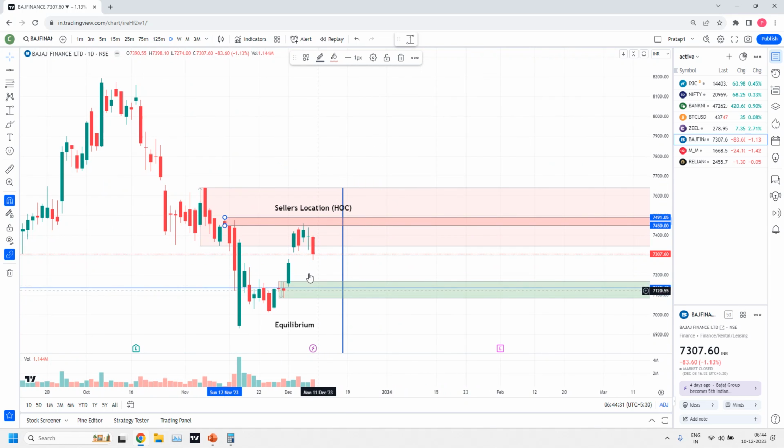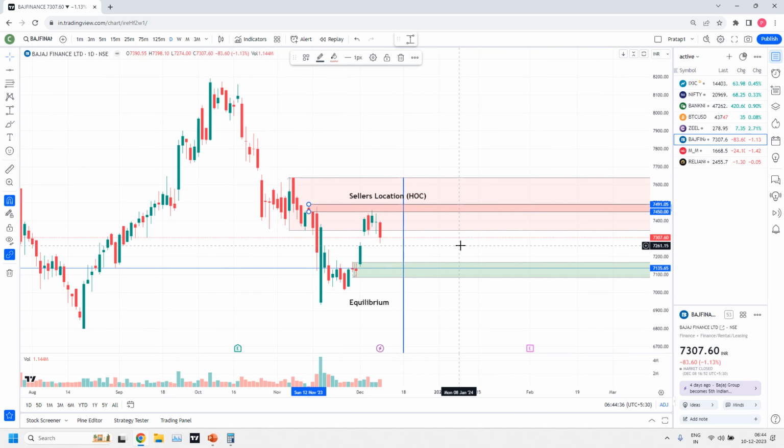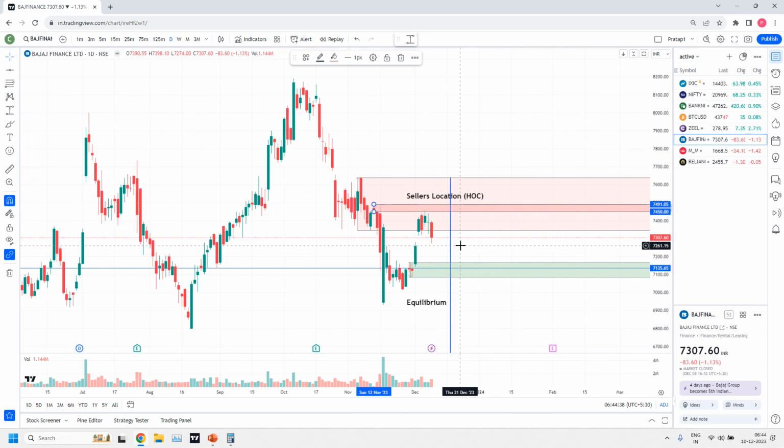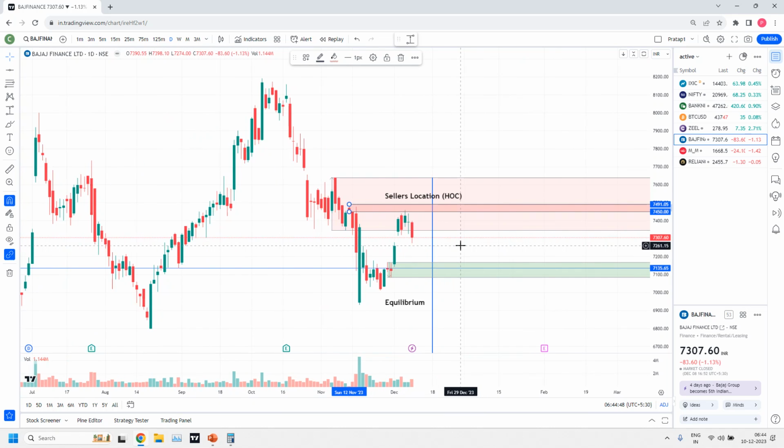Okay. Now what is the entry? What is the target? I think we have done something wrong. I don't know how many of you noticed. We will take our entry not on the daily time frame. This is the intermediate time frame.